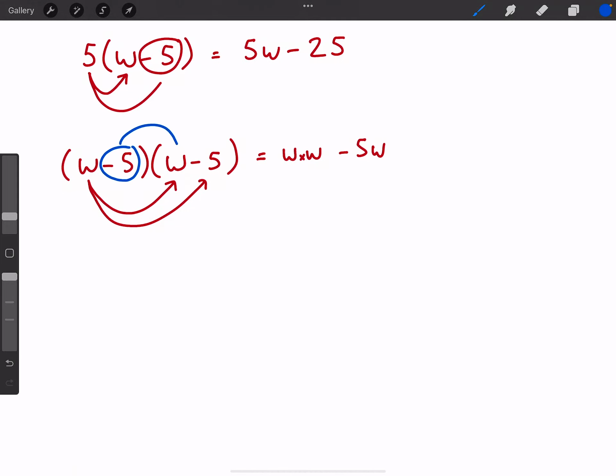Now we multiply this also into the brackets here. So minus 5 times w, that's minus 5w, right? And then minus 5 times minus 5. So that'll be minus times minus is a plus, so that's plus 25.